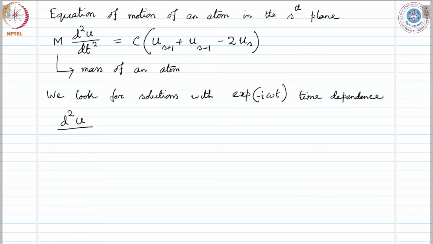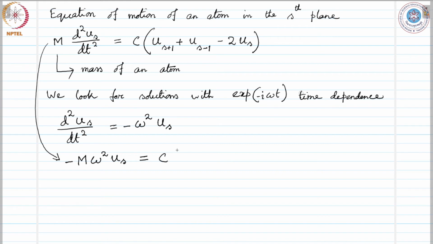d2us/dt2, this quantity can be written as minus omega squared us, and this equation, that is the equation of motion, can be recast into minus m omega squared us equals C times, that is the right hand side of this equation, us plus 1 plus us minus 1 minus twice us.